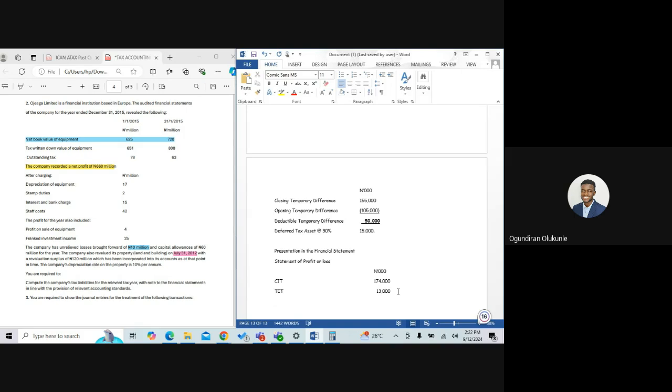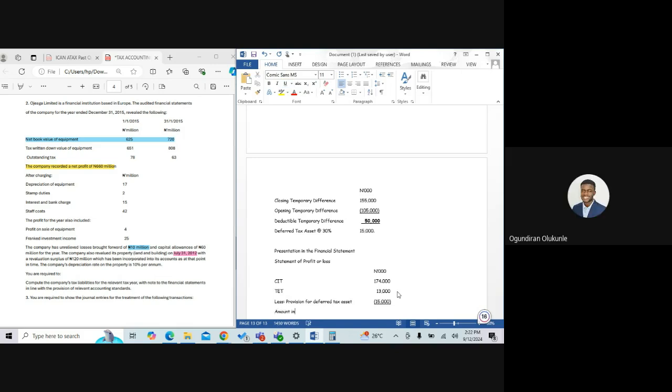So the next thing we then want to check is less provision for deferred tax assets. So what's the provision for deferred tax assets? 15,000. That's the amount you computed.